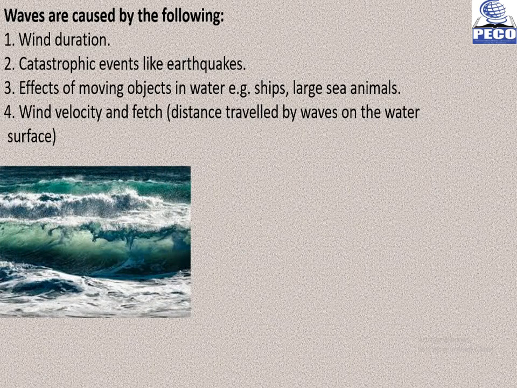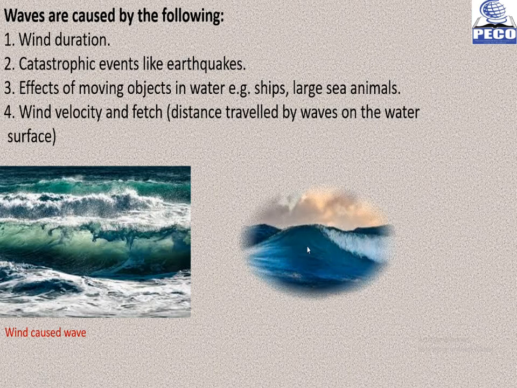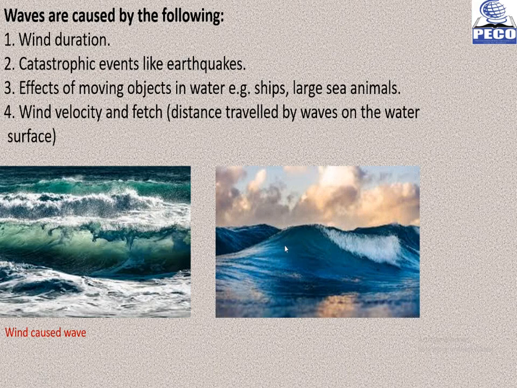And we have illustrations. So these are waves caused by wind movement, wind duration, wind velocity. Then we have another illustration of a wave which is caused by occurrence of an earthquake.